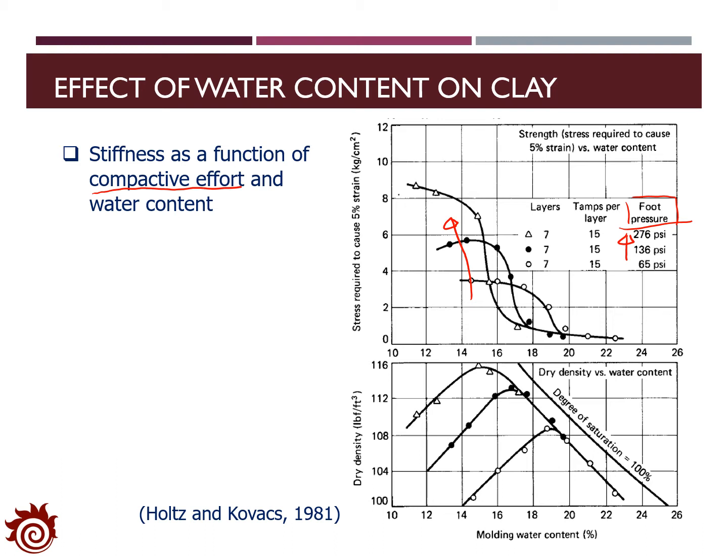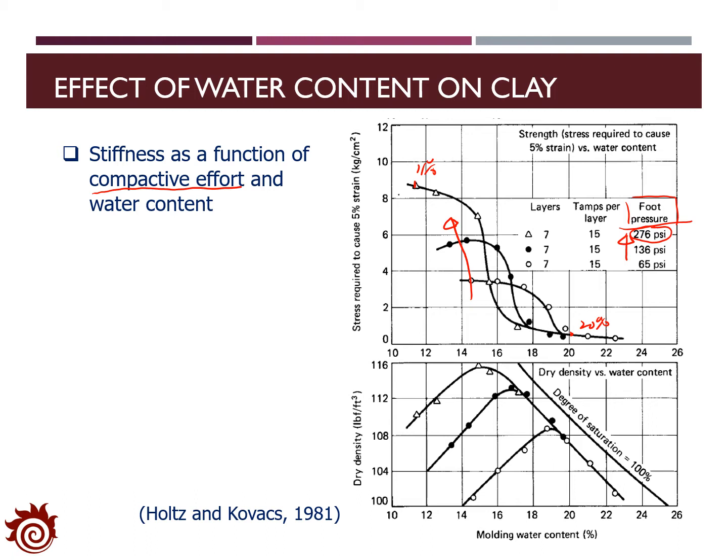Moreover, for a fixed foot pressure, for example, if we take a look at the first one with the foot pressure of 276 psi, the stress at 11% moisture content was reduced from 5 to less than 1 at 20% moisture content.